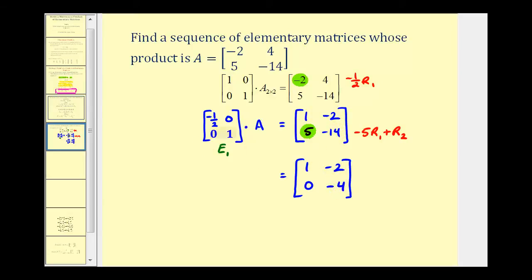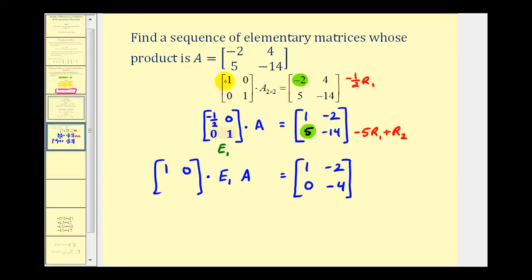And on the left side, we already have E sub 1 times matrix A, but now we'll have another elementary matrix here that we obtained by performing the same row operation here on the original identity matrix. So we're going to replace row 2 here with negative 5 times row 1 plus row 2. So first row stays the same.